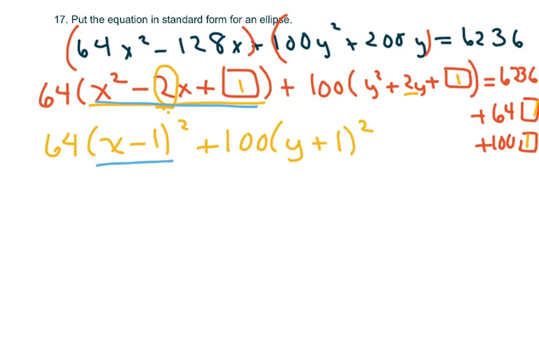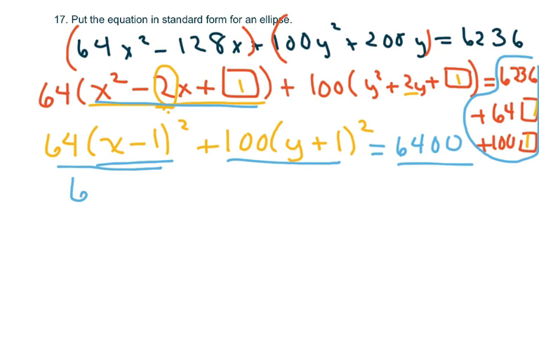Same with this one. And then I'm going to add all this up. I haven't done it yet, so let me do it real quick. It's kind of easy. You don't even really need a calculator. It's just going to be 6,400. And then you just divide everything, you put in standard form, by 6,400.